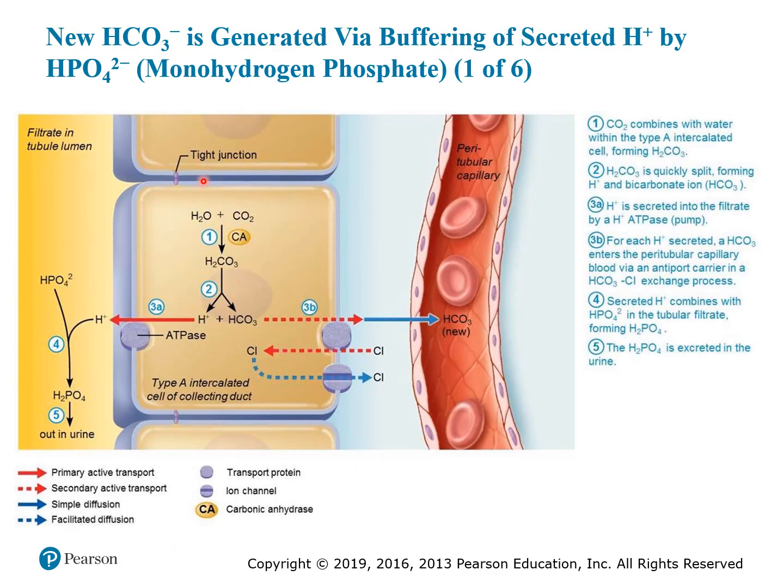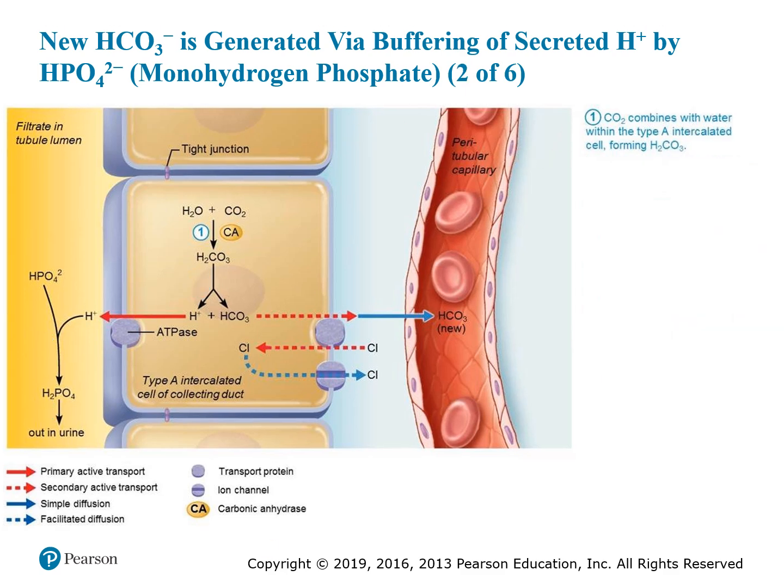Now this is a lumen, right? And this is our tubular cell, type A intercalated cell of the collecting tubule, right? And this is our capillary. Now let's go step by step over this diagram. Step 1 is that carbon dioxide inside the cell combines with the water and we make carbonic acid.